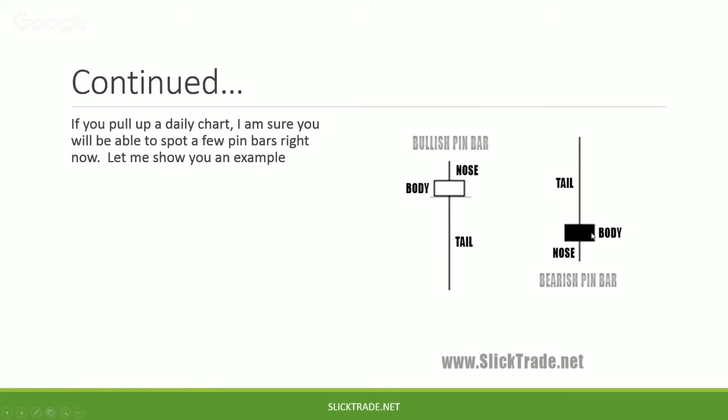Same with the bearish pin bar. Here's your body, your small nose, and your tail. The tail is also referred to as a shadow, and I've heard it referred to as a few other things as well. But I just usually call it the tail or shadow because that's how I learned it originally.